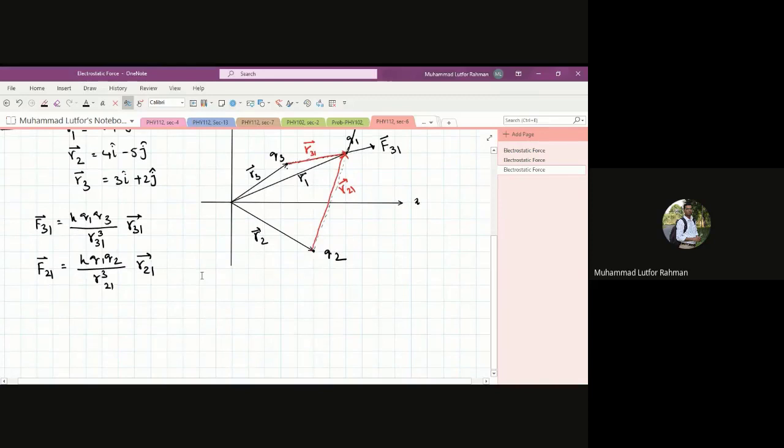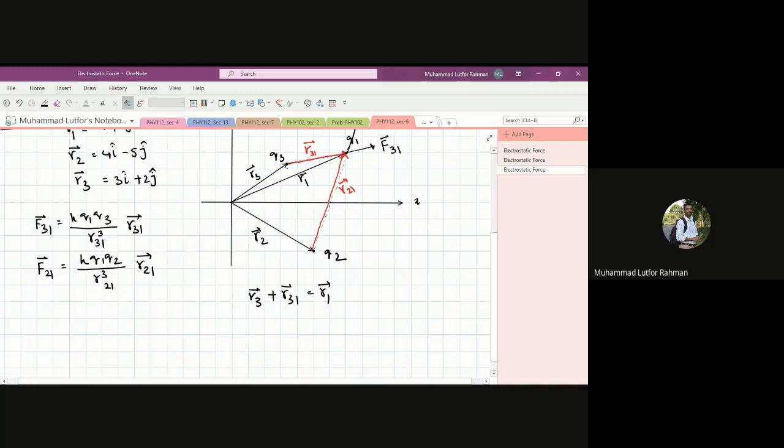So now my job is to find out R31 and R21. From that diagram I can say that R3 plus R31 must be equal to R1, because look at this.